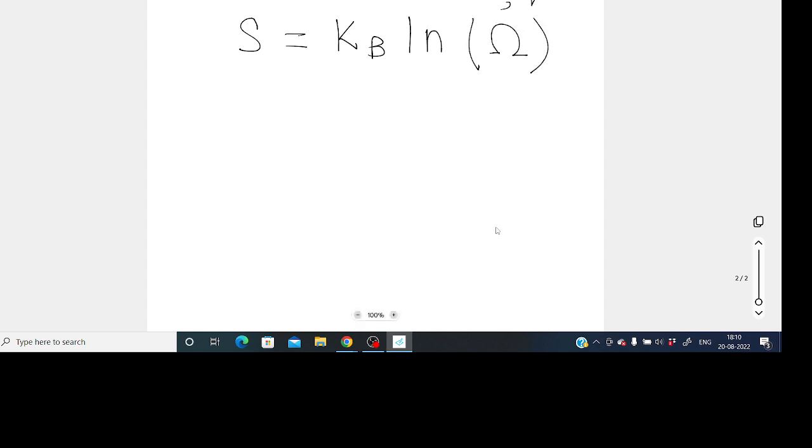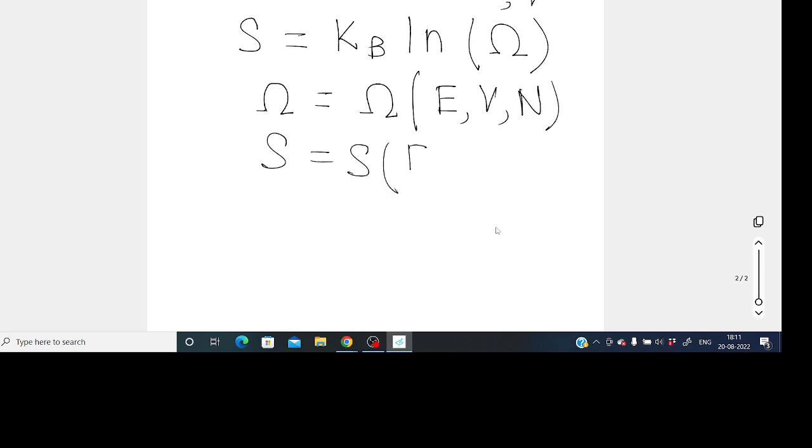Now what is kB? kB is Boltzmann constant. This is a constant, nothing significant here. Now what is omega? Omega is the number of microstates corresponding to a macrostate. This omega is a function of E, V and N. So S is a function of E, V and N.